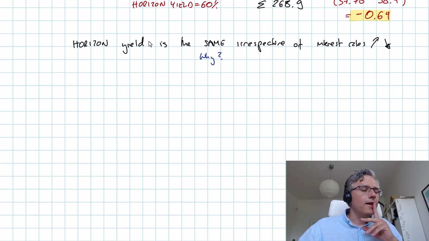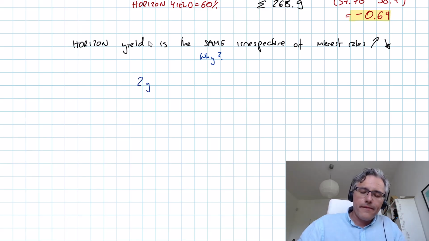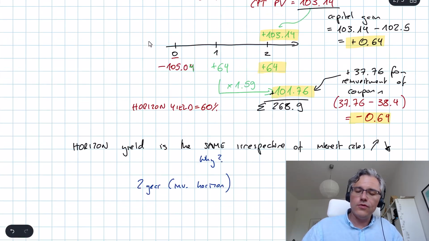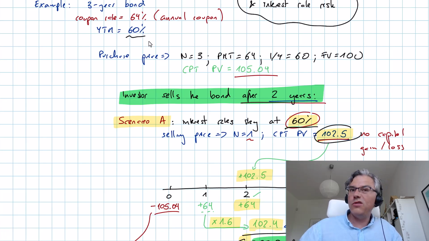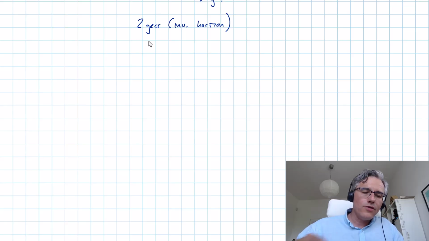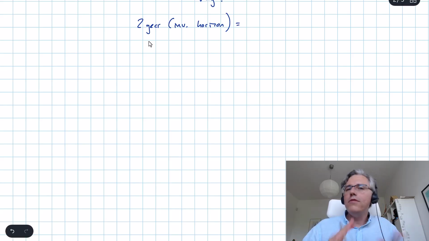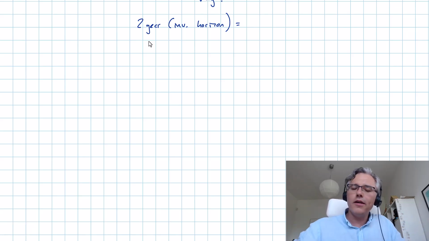Well, it's because the 2-year investment horizon, which I specifically chose in this scenario, I told you the investor sells the bond after 2 years, so they had a 2-year investment horizon. Well, I chose it because for this bond, and this bond only with its parameters, I had to make the parameters quite extreme for this to work.